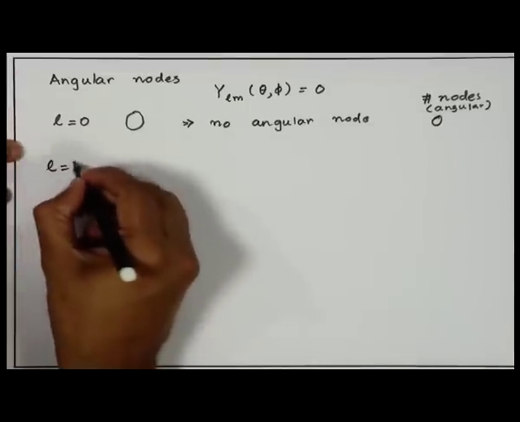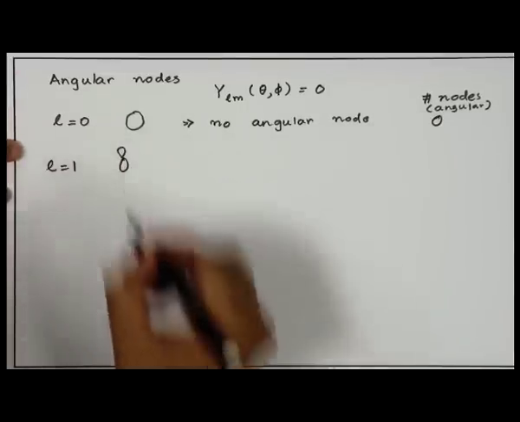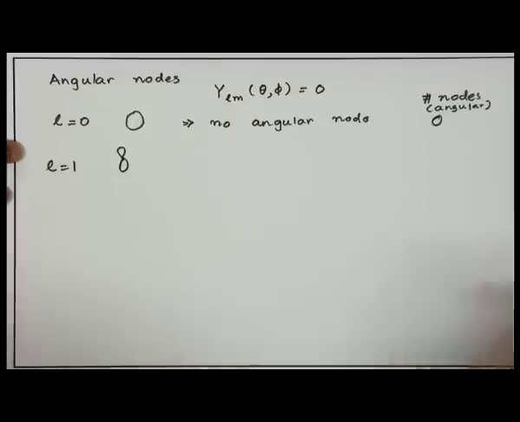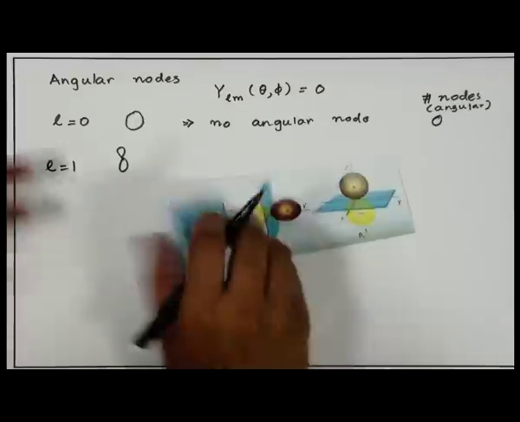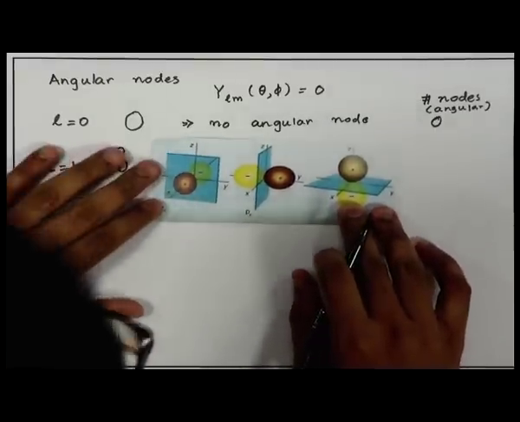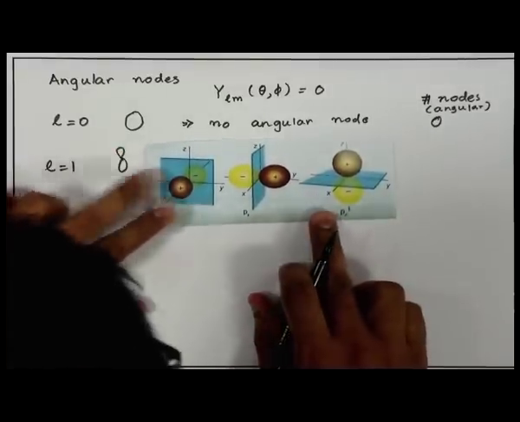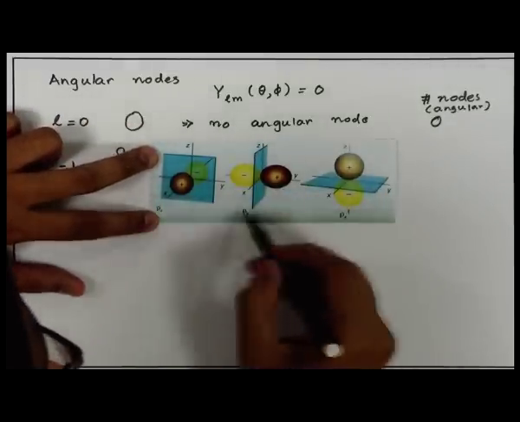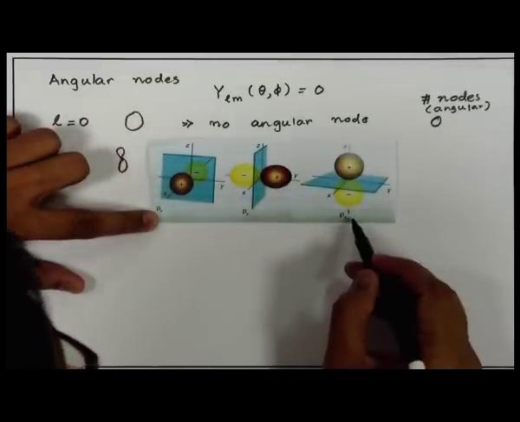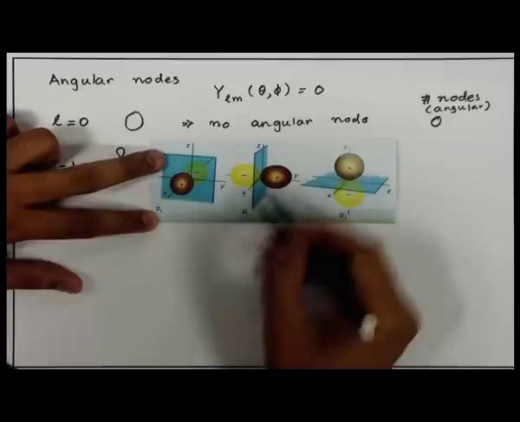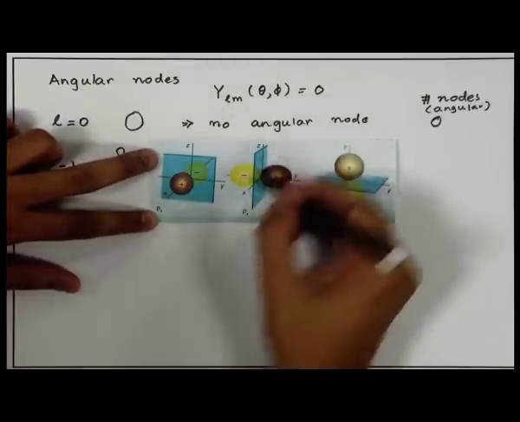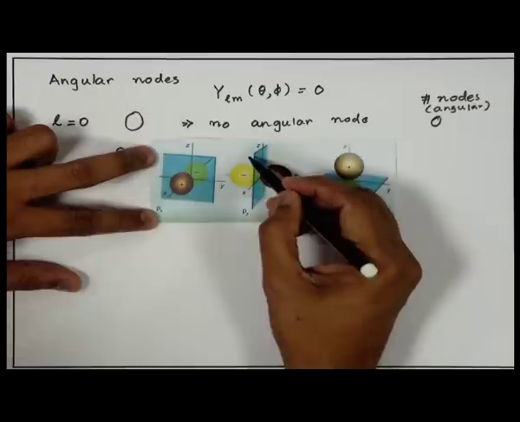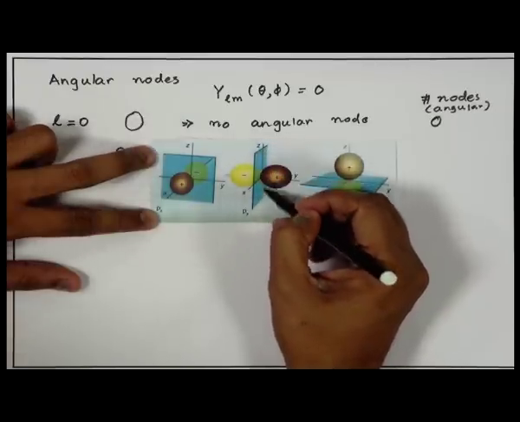When L is 1, we know the shape is like this. If you look at the px, py, pz orbitals that we have already shown, the 3 p orbitals, you can identify the lobes, and what is shown here is a plane where the probability density becomes 0.